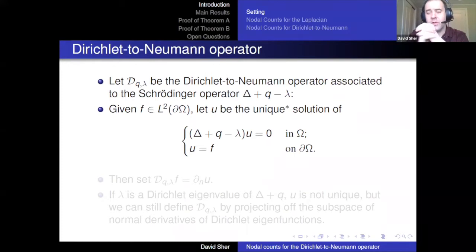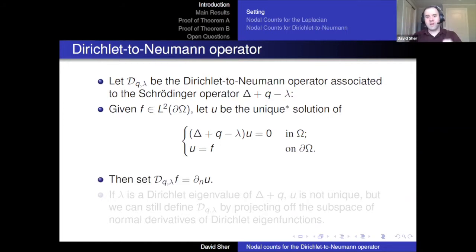So you solve the problem of extending u in a way that satisfies the Schrodinger equation in the interior, delta plus q minus lambda, u equals 0. And then you take the normal derivative of that interior extension, and that is D q lambda of f. Okay, so it takes the Dirichlet data of this extension to the Neumann data of this extension.